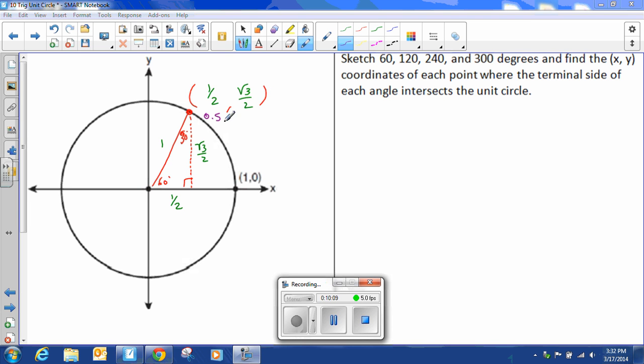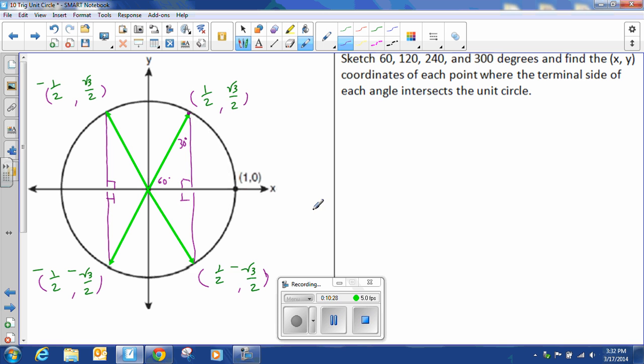And this is useful knowledge because if I know that 1/2 is 0.5 and the square root of 3 over 2 is 0.87, then I know that radical 3 over 2 has to be the longer leg because 0.87 is greater than 0.5. So that's a good way to remember which one goes where in case you forget.